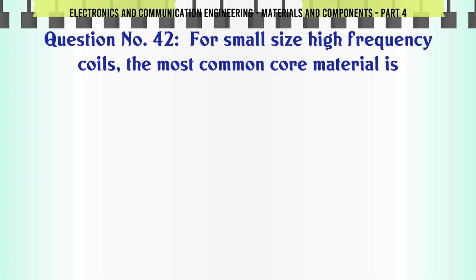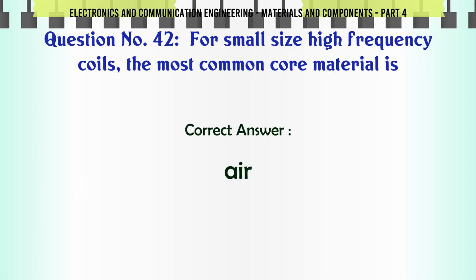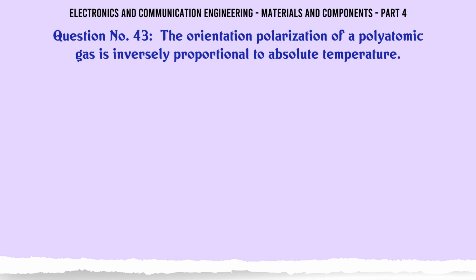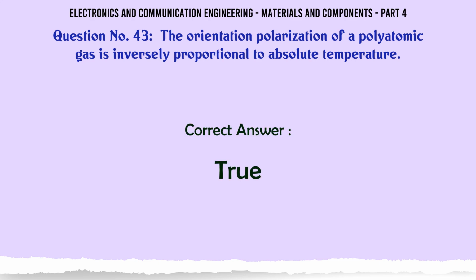For small-size high-frequency coils, the most common core material is A. air, B. ferrite, C. powdered iron, D. steel. The correct answer is air. The orientation polarization of a polyatomic gas is inversely proportional to absolute temperature. A. True, B. False. The correct answer is true.